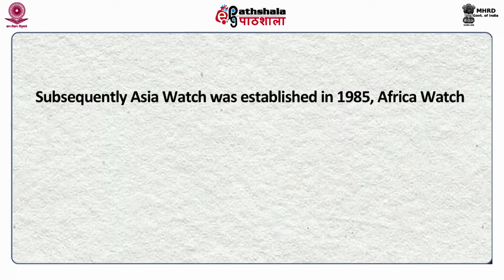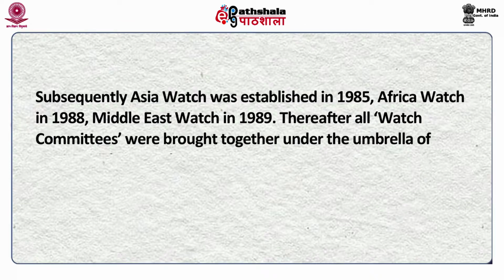America's Watch was established in 1981, which addressed the commission of war crimes and the violation of international human rights law and international humanitarian law, both by governments and rebel groups in Central America. Subsequently, Asia Watch was established in 1985, Africa Watch in 1988, Middle East Watch in 1989.